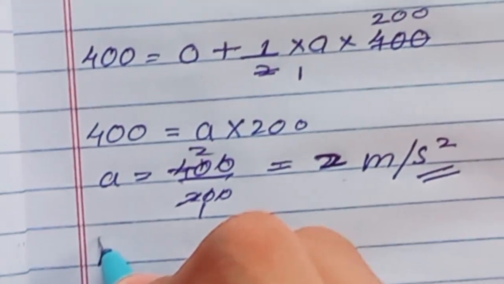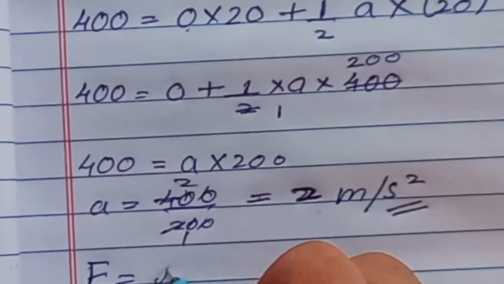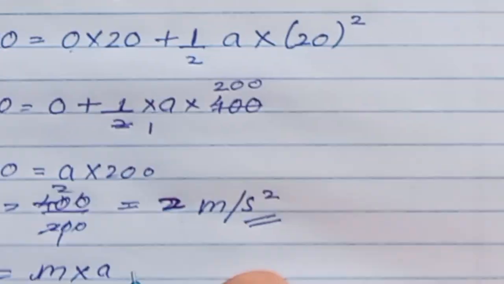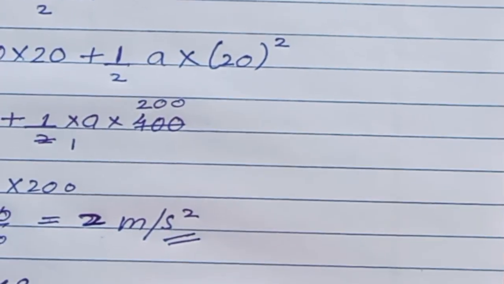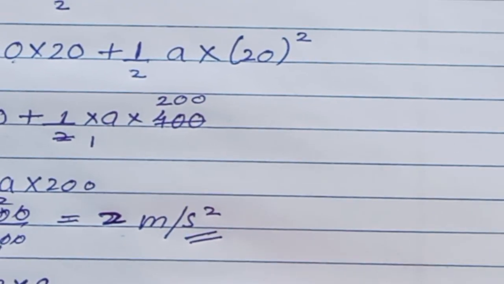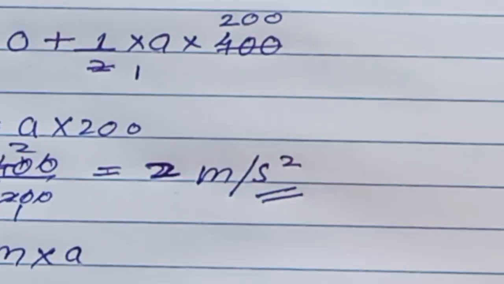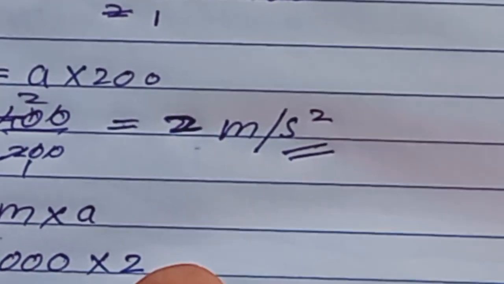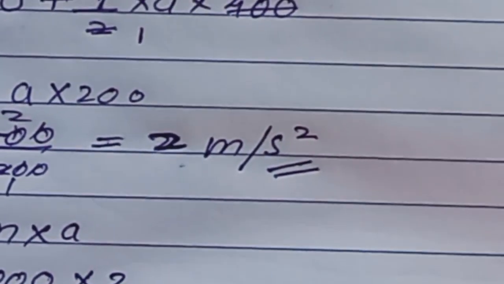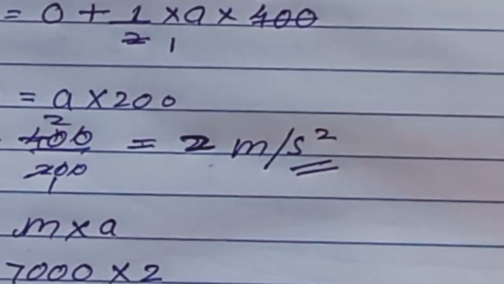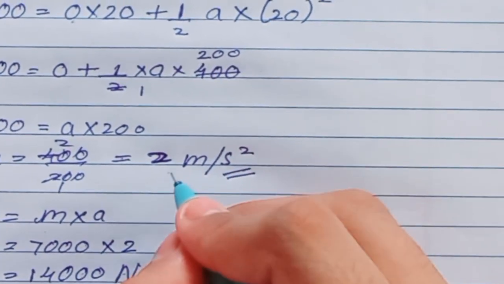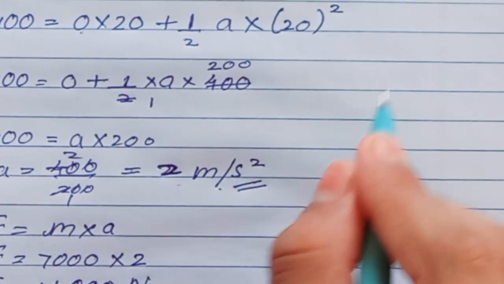Now we can simply find force, which has the formula m × a, where m is mass and a is acceleration. So the force is mass, we have 7000 × 2, which gives 14,000 newtons. So the force will be 14,000 newtons and the acceleration will be 2 meter per second square.